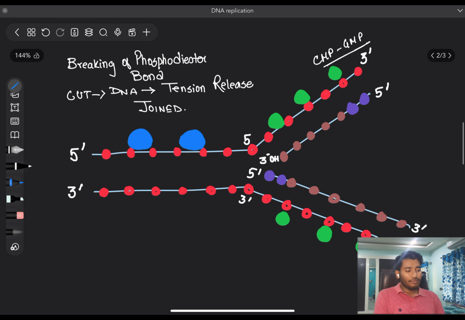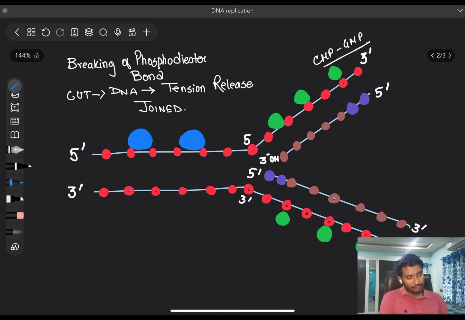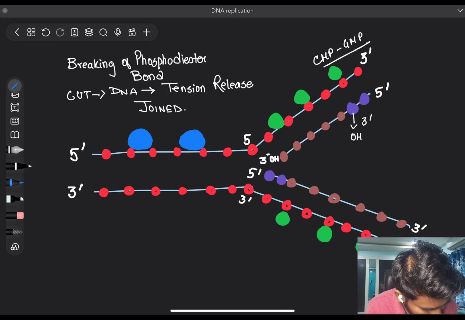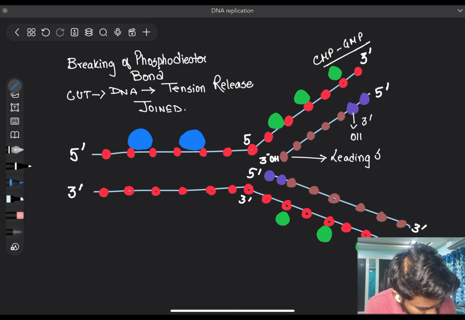Okay, now what happens, this is the 3' OH. Now here it is a leading strand towards the replication fork.